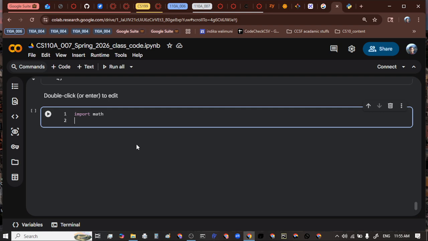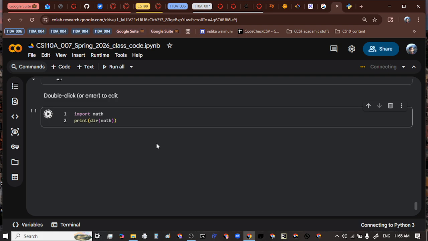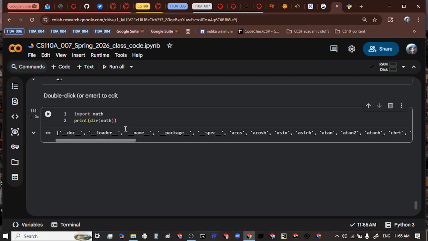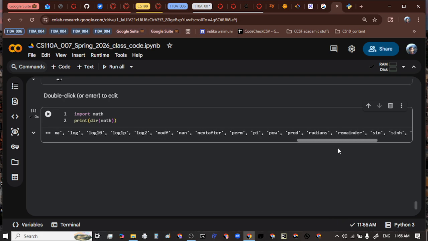If I print dir of math, it's going to give us a list of attributes available from the math module, so basically its entire content. You can see it's a list, starting with a square bracket and ending with another square bracket.